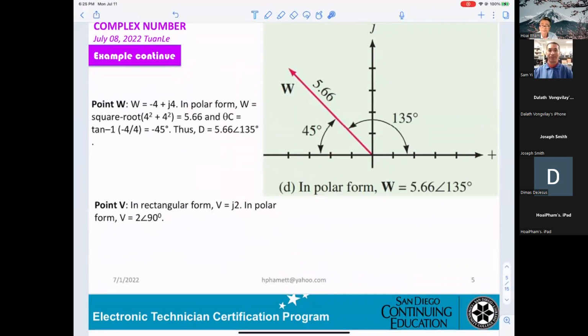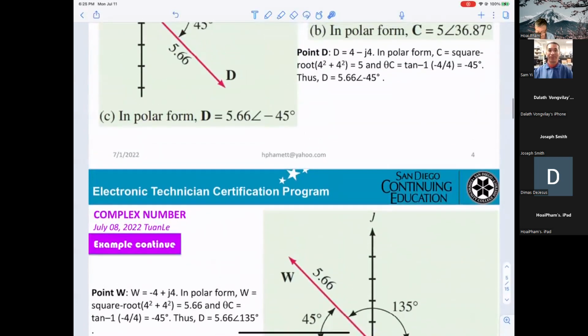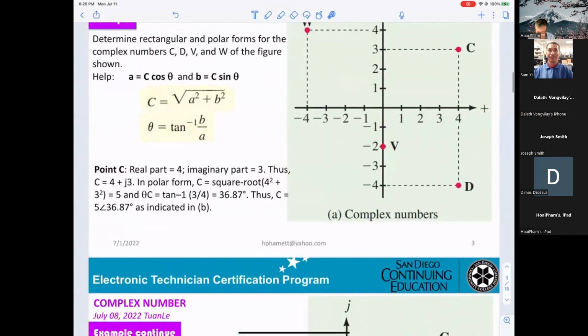I know, but I was just using the form that you originally showed us. That's a little confusing. Basically, that's minus J2. Yeah, that's what I was saying.